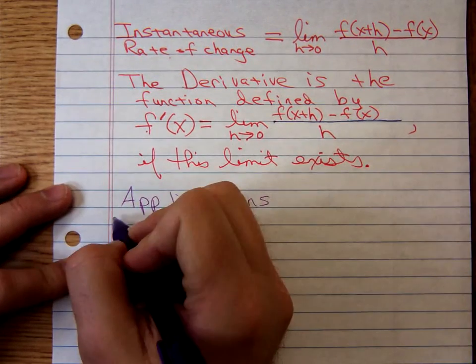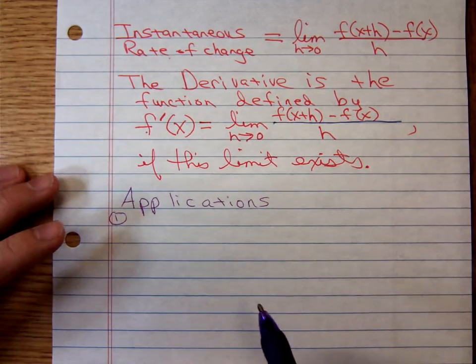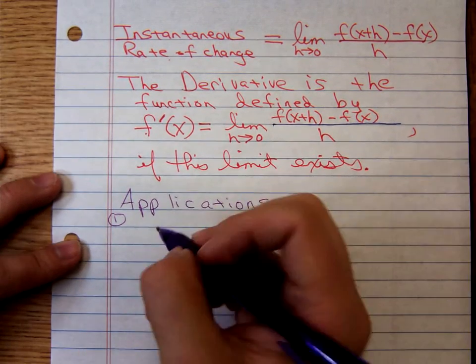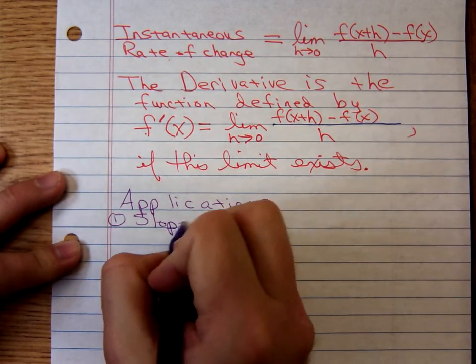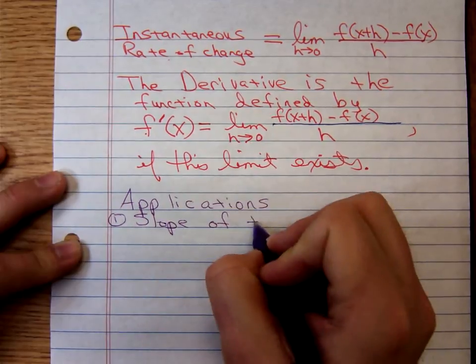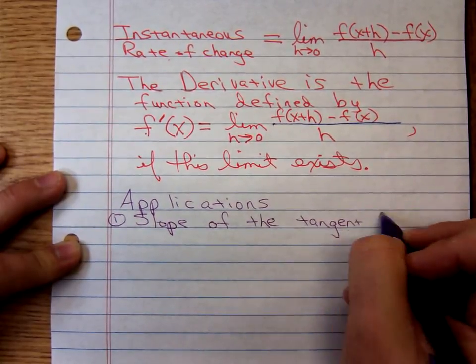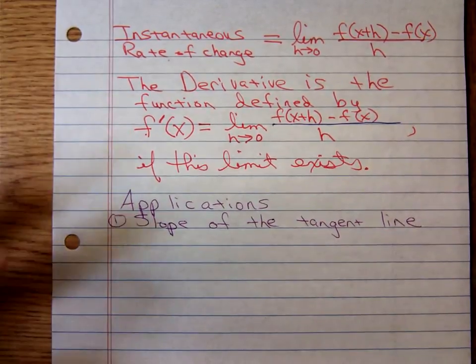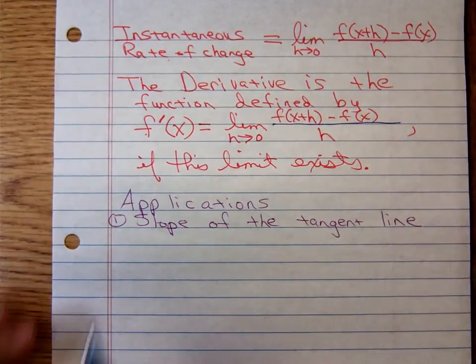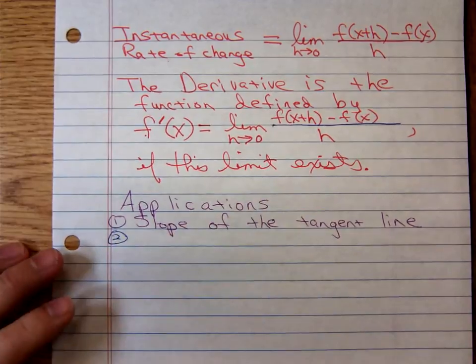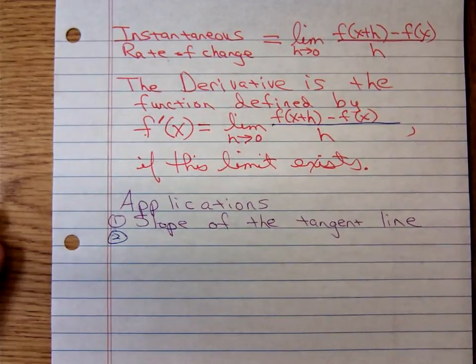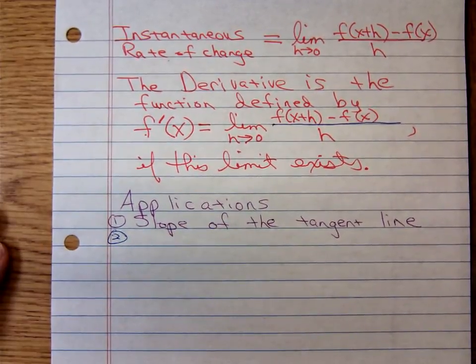The first one is the slope of the tangent line. If you need to find the slope of the tangent line, and really anything involving rates of change, the instantaneous rate of change.